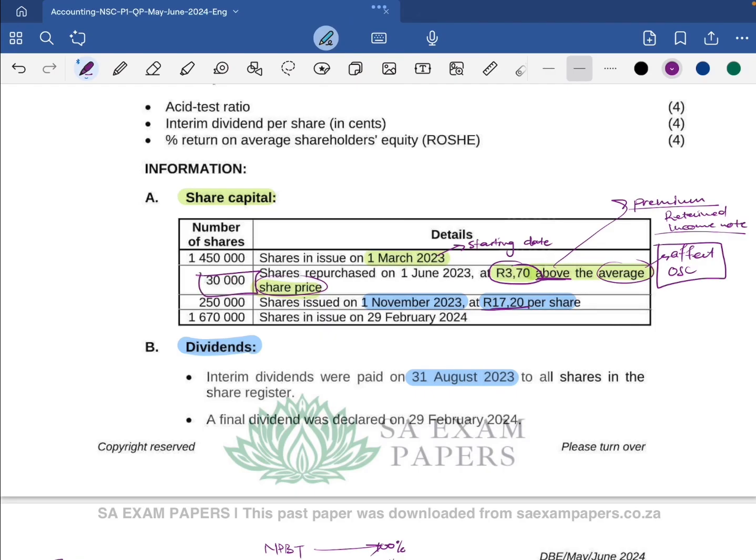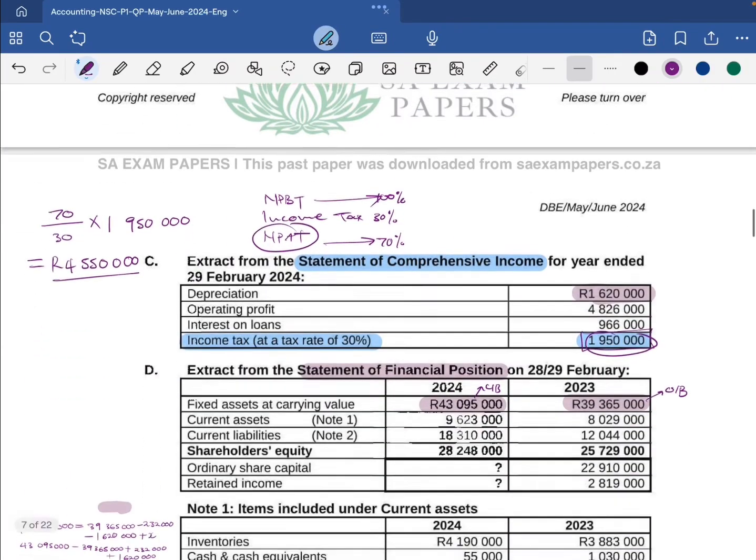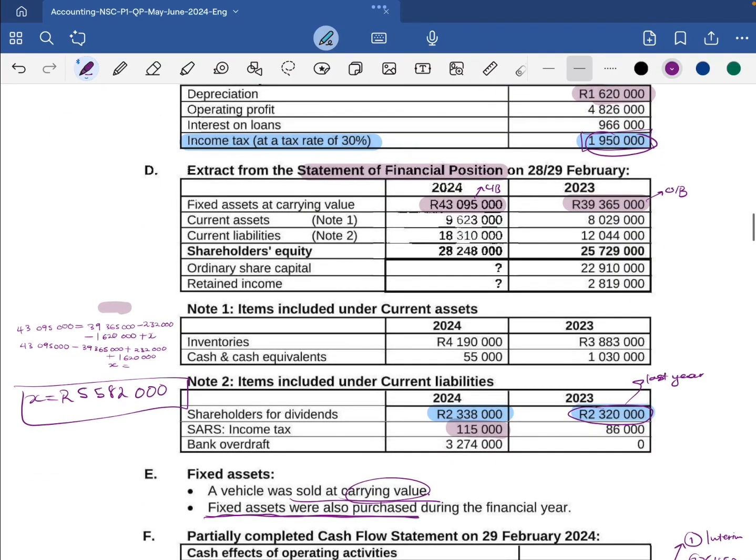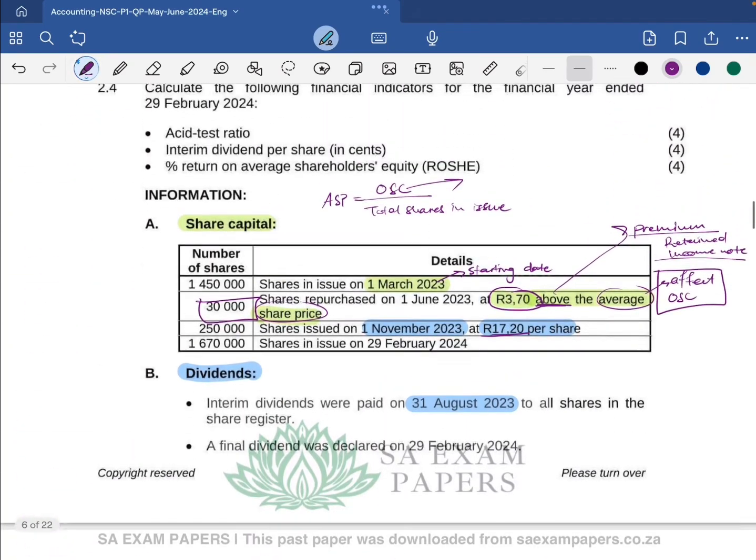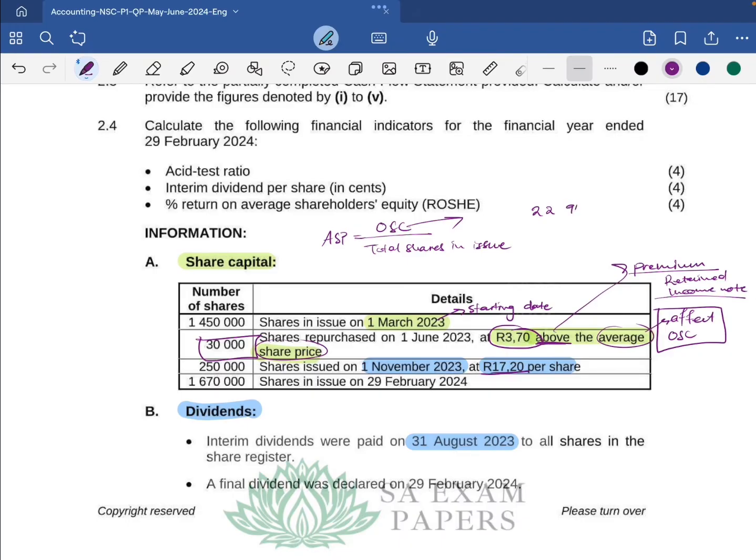But the average share price before the repurchase of these shares, we're going to calculate as the average share price being equal to the ordinary share capital over the total shares in issue. The ordinary share capital, we're going to get it from our statement of financial position. We know that our opening balance was 22,910,000, and then divided by 1,450,000 shares. And then let's see what that is.